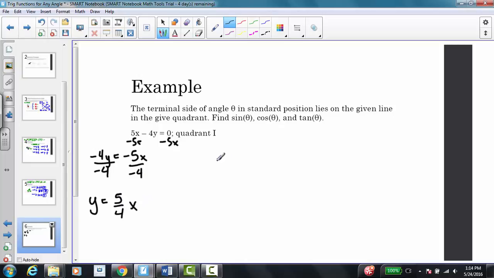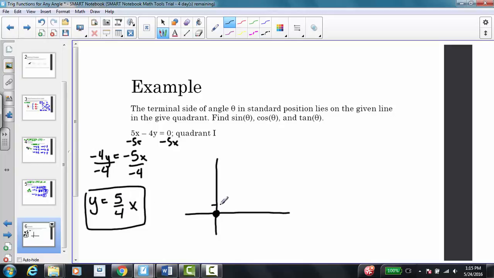All right, so the first thing that I want to do is draw a picture. It says that we're in quadrant 1. So using the equation of my line, I can draw my line. We can plot our y-intercept, which is going to be at our origin. Then we have our slope, rise over run.